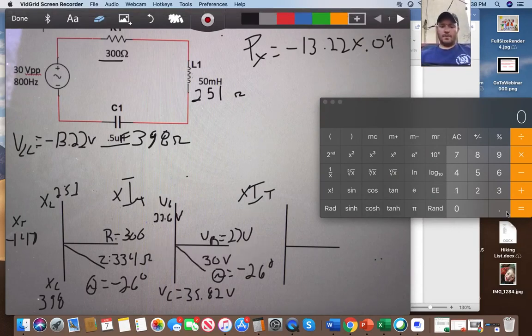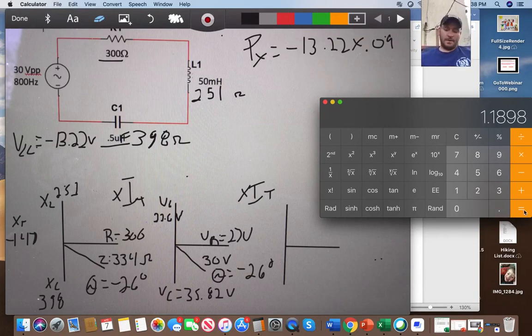So we are going to take a negative 13.22 times 0.09 equals, okay, so PX, we put down here because we know that it's negative. Oops, I always do that with my P's for some reason. PX equals 1.19.